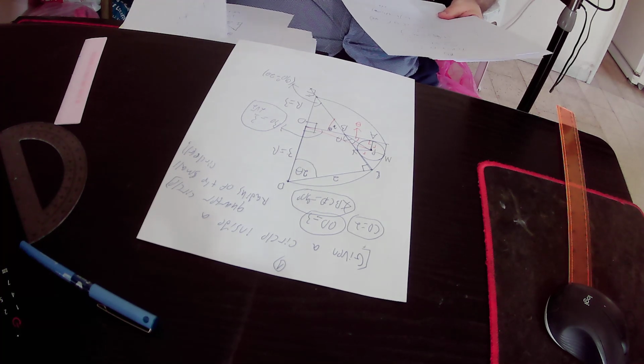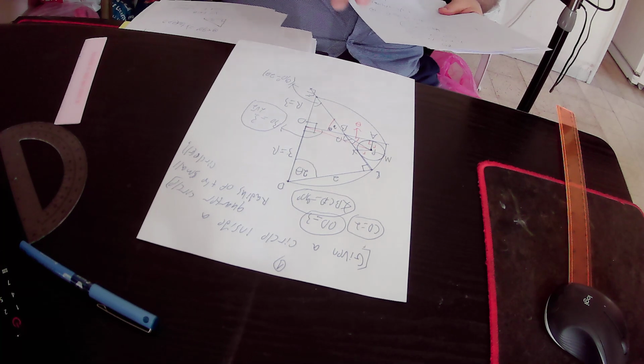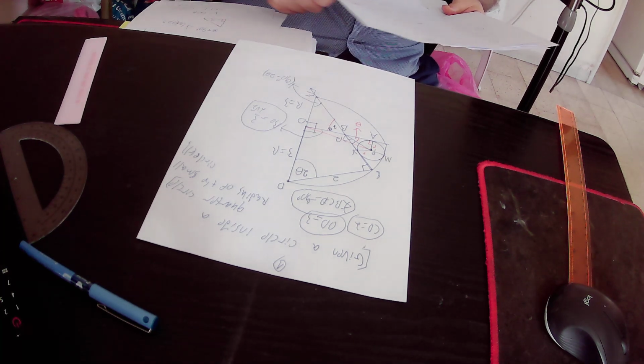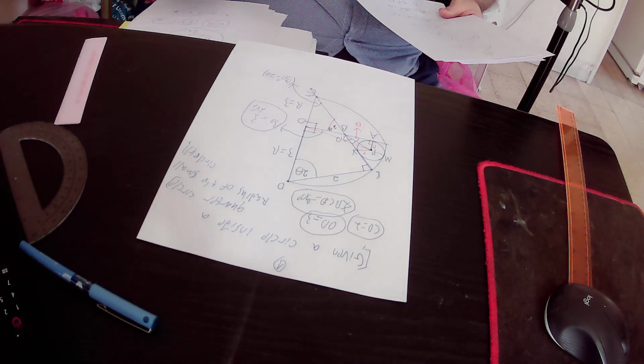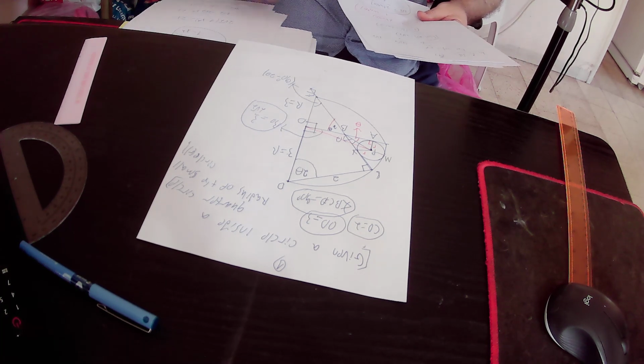So AP is the radius of the small circle, and then we also joined points P and X together by a straight line, and PX is also the radius of the small circle.